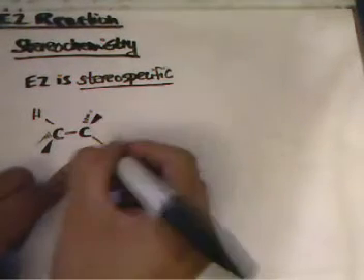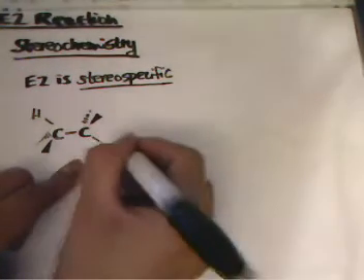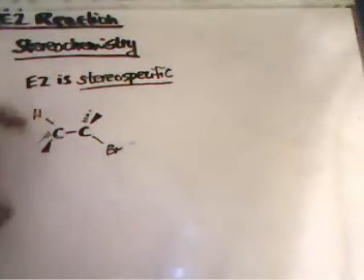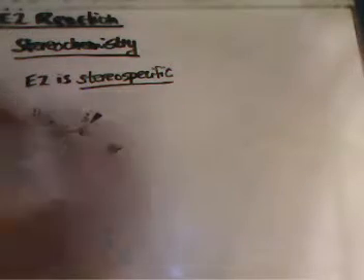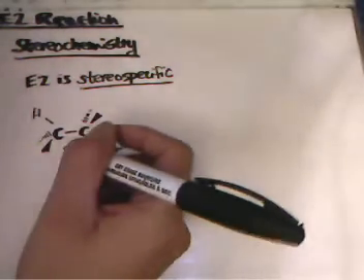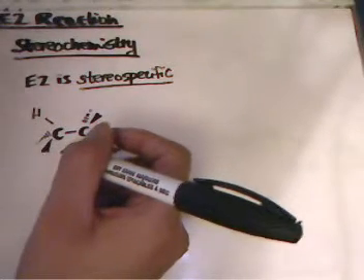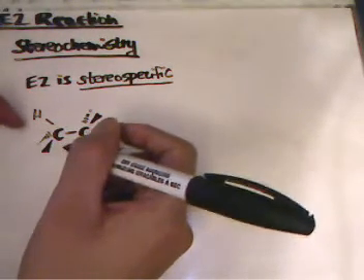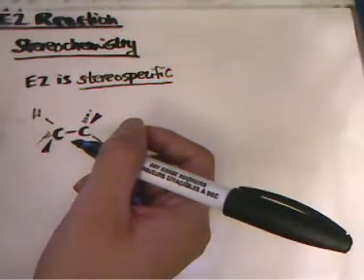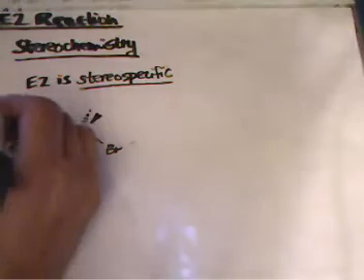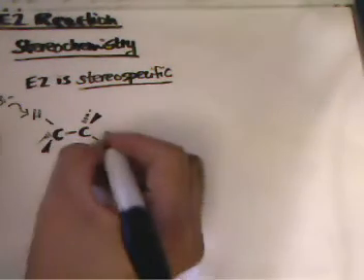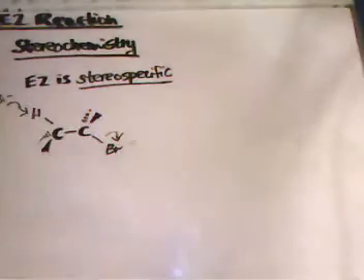Let's call this a bromine. This bromine and this hydrogen, whichever hydrogen is being removed, and the leaving group must be in the same plane, but they can be in the same plane by being anti to each other or by being syn to each other. And what we want is we want them to be anti to each other, so the base can approach the hydrogen and the leaving group can leave.